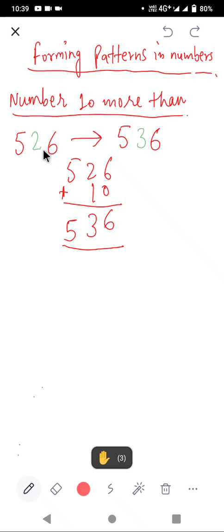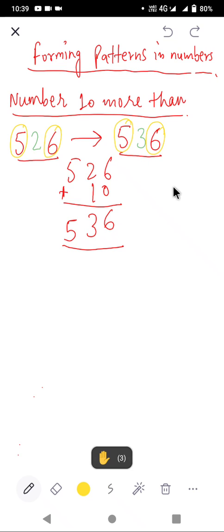So what have you observed in the first number 526 and here 536? As you can see, the hundreds place digit is 5 here, and the ones place digit is 6. In this number 536, the hundreds place digit is the same, 5, and the ones place digit is also the same, 6.